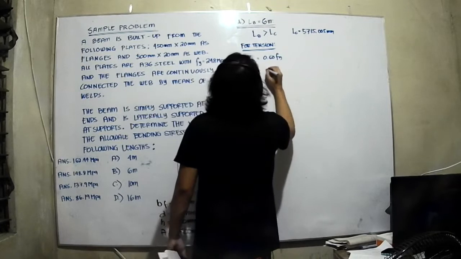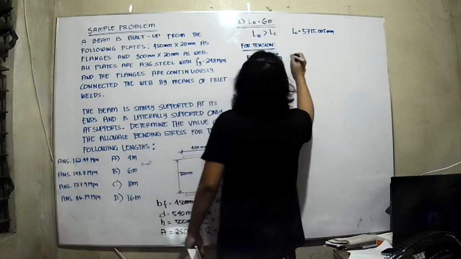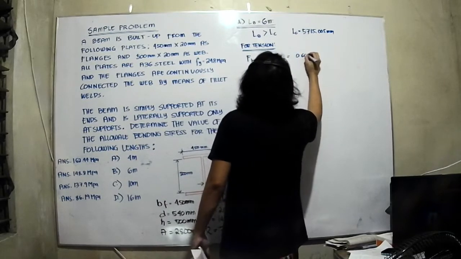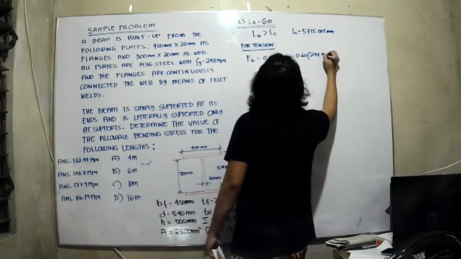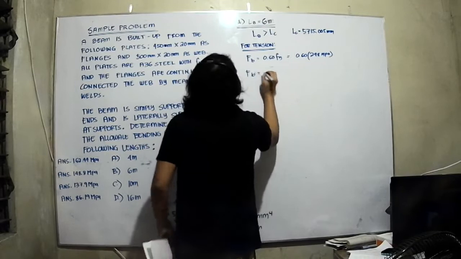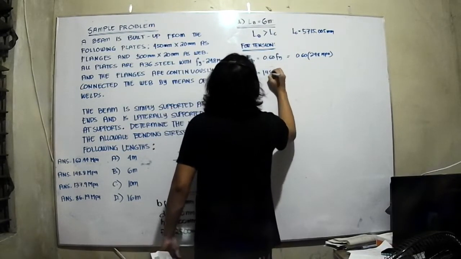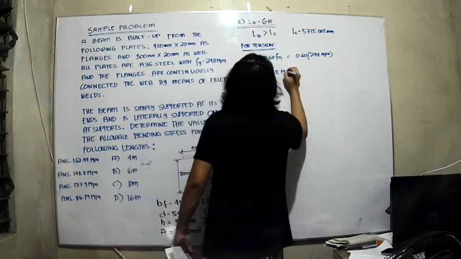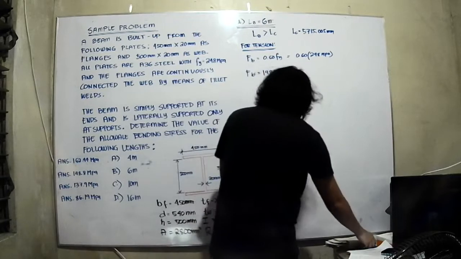That should be equal to unsa? Okay, ako lang butang in order to conserve space. FB is equal to 148.8. So, this is for tension, ba?